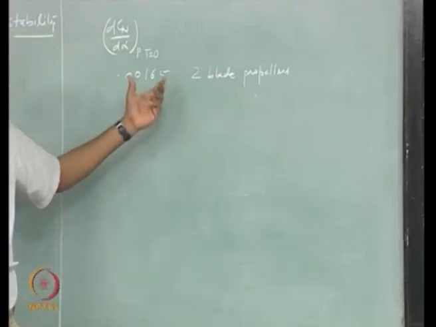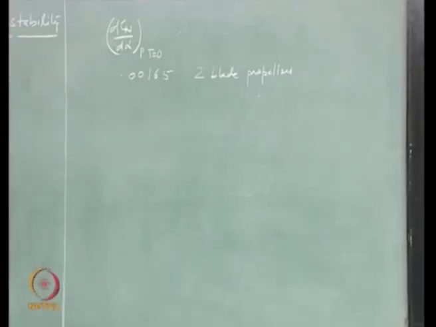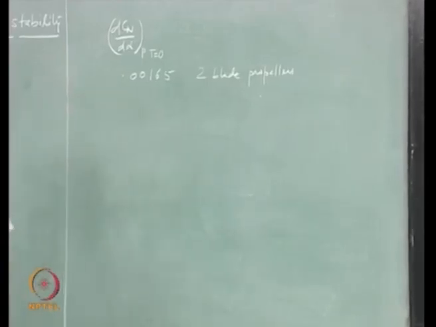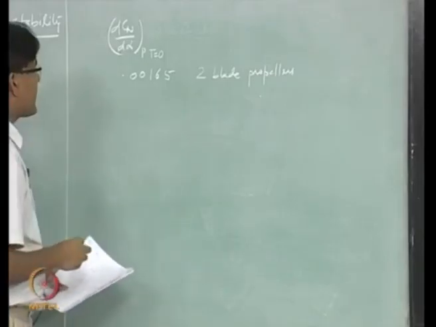To start with, they will use this value for the initial phase and they will multiply it by a factor to account for the case when thrust is being produced by the running propellers, right.